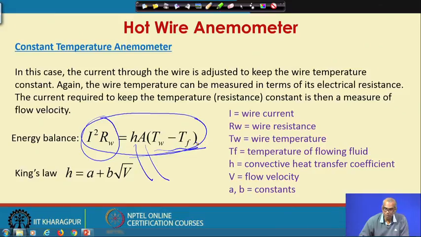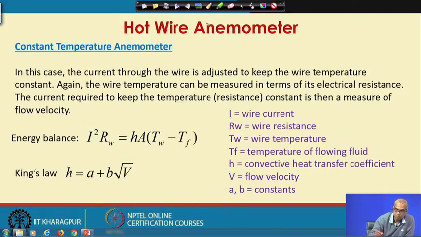So, T_w is the temperature of the wire and T_f is the temperature of the flowing fluid. So, energy balance: I square R is h into A into (T_w minus T_f).